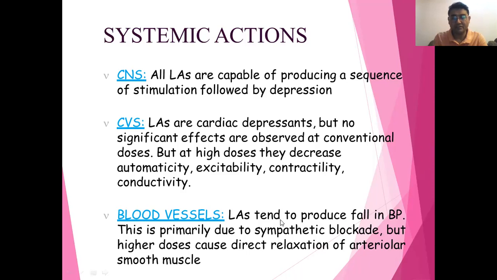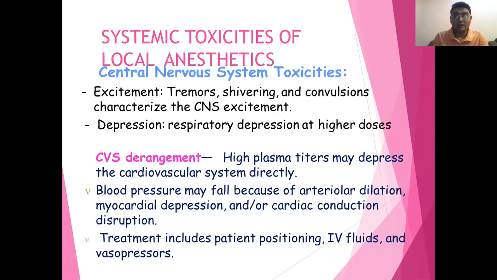Blood vessels also tend to produce falling blood pressure. Of course, the fall in blood pressure will be due to sympathetic blockade or due to cardiac depressant effects. But higher doses cause direct relaxation of arteriolar smooth muscle.